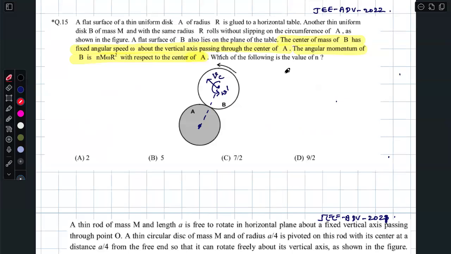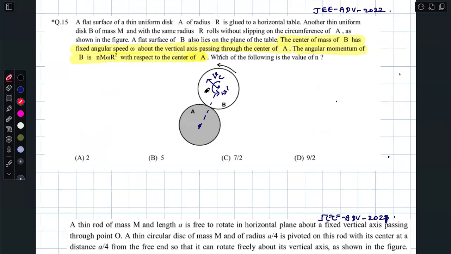A flat surface of a thin uniform disk A of radius R is glued to a horizontal table, after which another thin uniform disk B of mass M and with the same radius R rolls without slipping on the circumference of A, as shown in the figure. A flat surface of B also lies on the plane of the table.